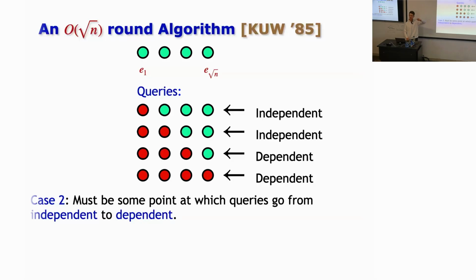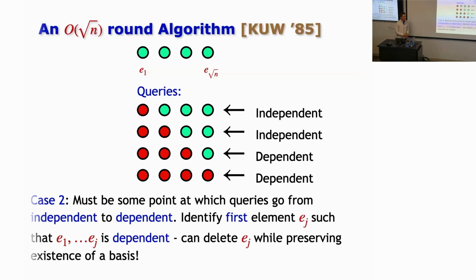And then at some point, it changed from being independent to being dependent. When you queried all your prefixes, there was a moment at which the queries changed from independent to dependent. And so what I claim is that you can find the first element, E sub j, such that E1 through Ej was dependent, and you can throw away this element Ej while still preserving the existence of a basis.